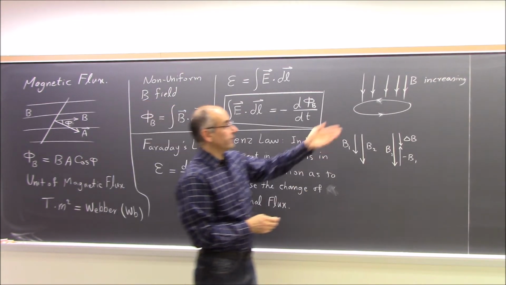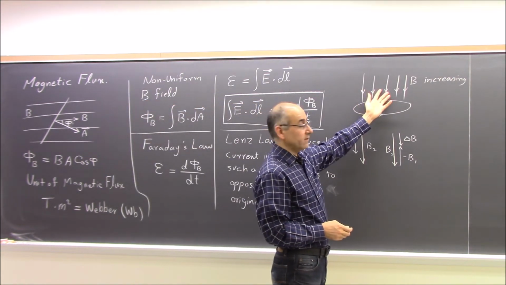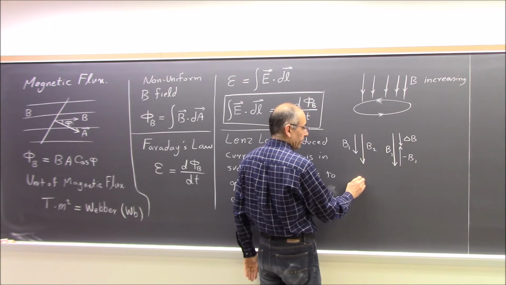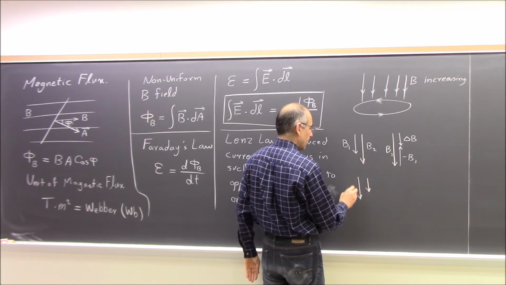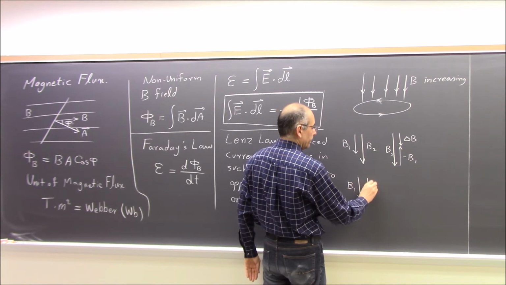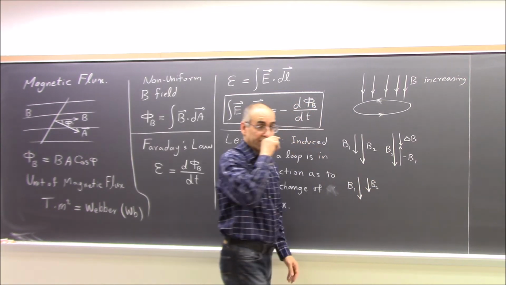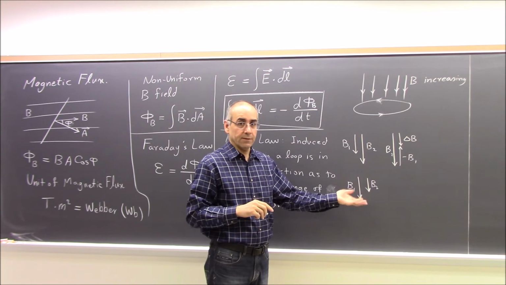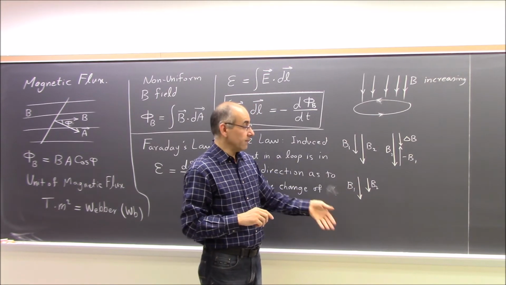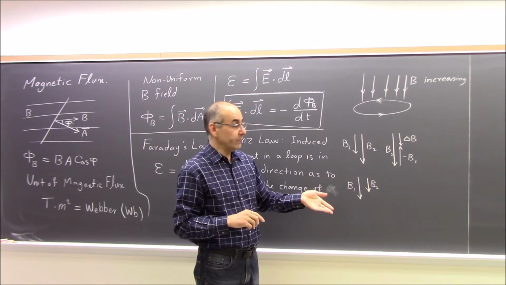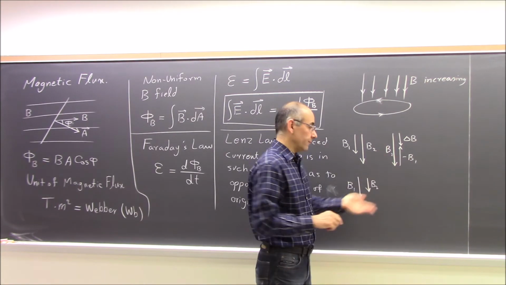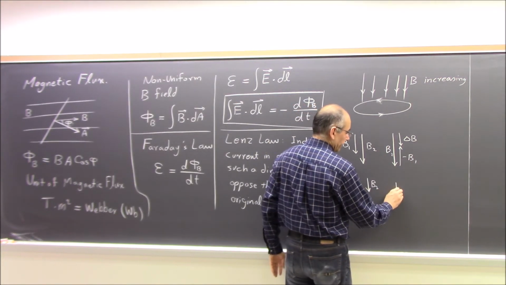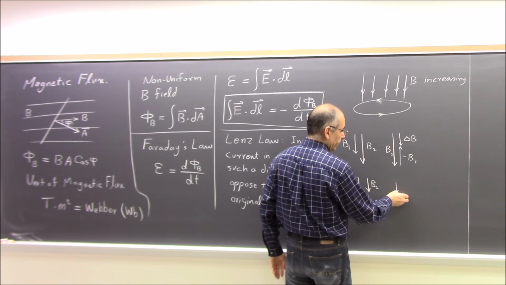But if B is decreasing, then B1 is bigger than B2, right? This is B1, this is B2. It goes from B1 to B2, decreases. It's downward, but decreases. So what is delta B? Delta B is B2 minus B1, right? Final minus initial. So that's B2 minus B1.